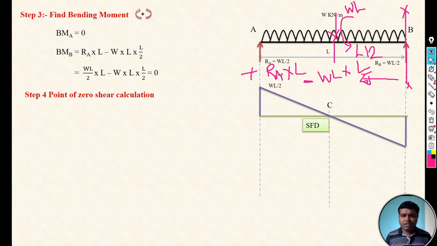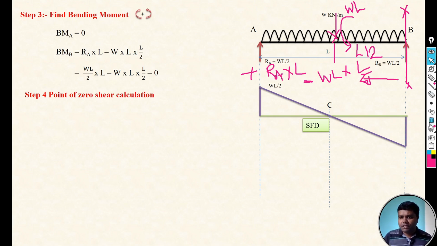For every type of numerical, we can use these steps to find the actual position of the zero shear point and the maximum bending moment where your shear force is 0. Now we are applying this procedure only for the standard case, but you can use these steps for every type of numerical.